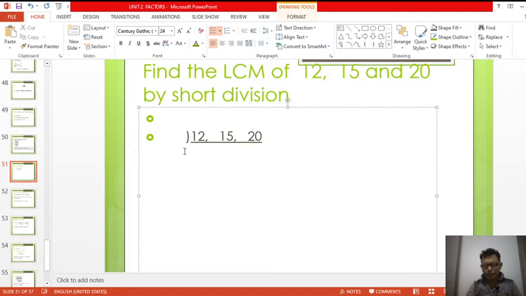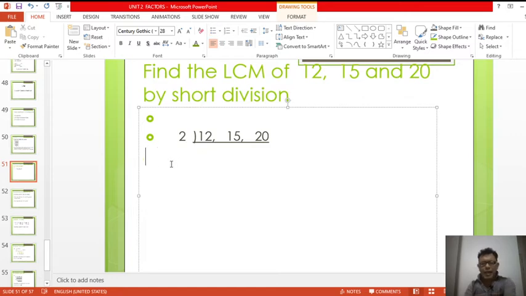So how are you gonna do this? Again, as I said, I always use the smallest prime factor or prime number, so 2.